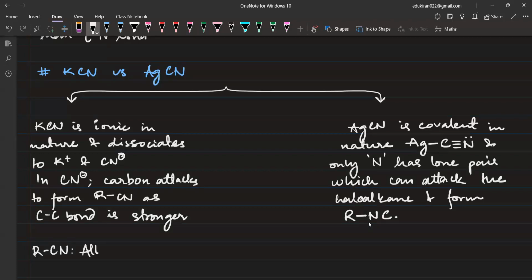RCN को बोलते हैं alkyl cyanide, and RNC is called alkyl isocyanide.